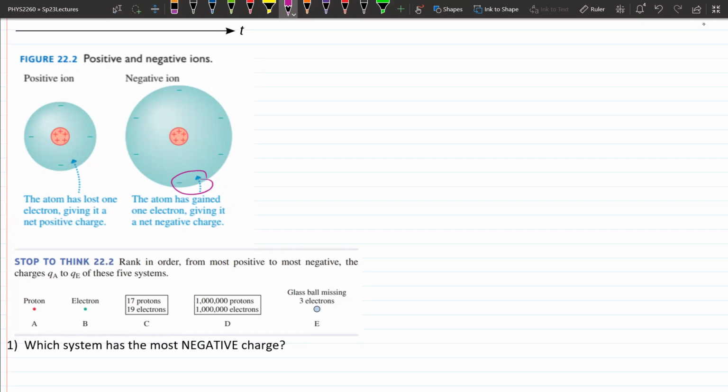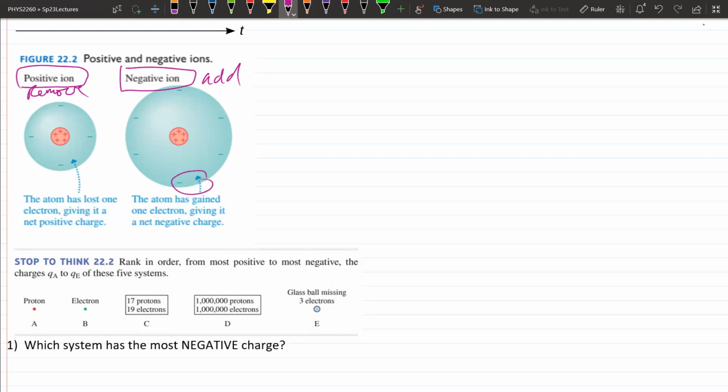So when you remove an electron, it becomes a positive ion. When you add an electron to an atom, it becomes a negative ion. Hopefully that makes sense, because the electron is carrying the charge. If you remove one, it becomes more positive. If you add one, then you're adding more negative charge to it.